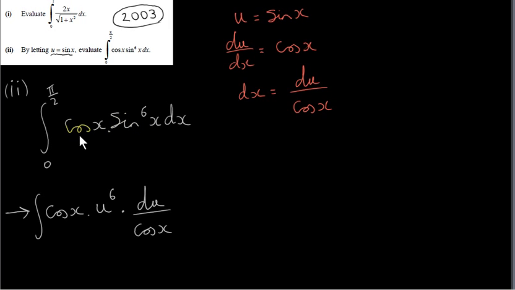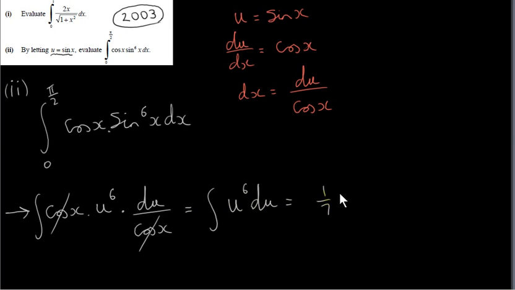So our integral becomes cos x times this here. Well, this here is u to the power of 6. u is sine of x, and sine of x to the power of 6 is u to the power of 6. dx is du divided by cos x, and you can see that everything works out very nicely. So we're just integrating u to the power of 6 with respect to u, which is very straightforward.